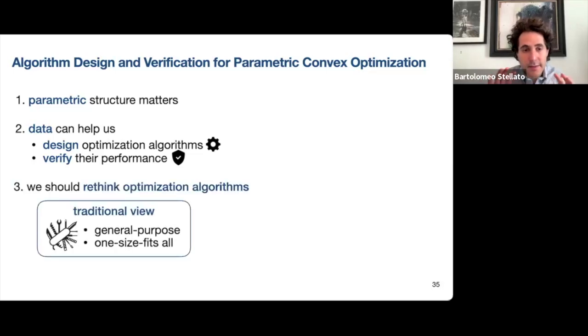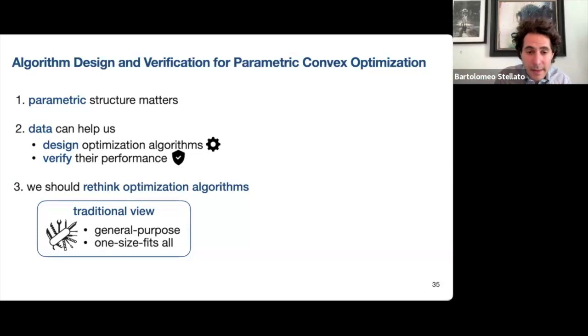And the third thing that I would like you to remember, hopefully the most important one, is that we should maybe rethink how optimization algorithms are developed and deployed. Historically, people thought about solvers as a general purpose tool that solves any problem of a function class, any linear program, any quadratic program that fits the function class that I'm targeting.